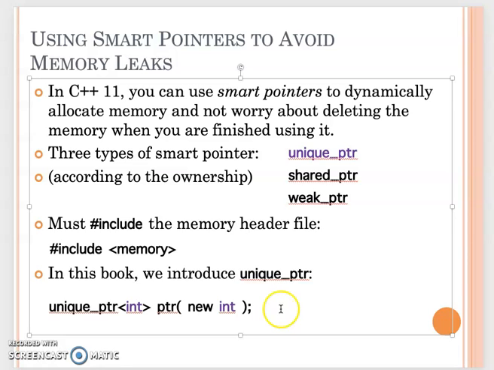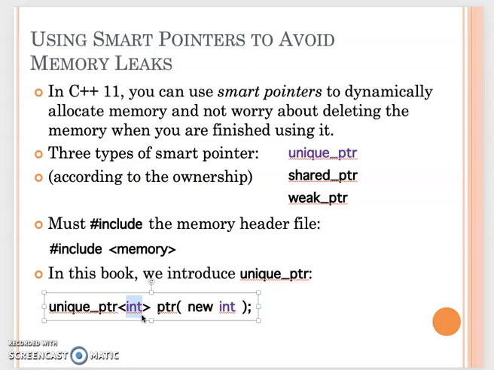When we want to use the Smart Pointer to create dynamic memory allocation, of course, you still need to specify the data type. So we write unique_ptr followed by the angle brackets. In the angle brackets, you specify the data type you want to create, followed by the pointer name.